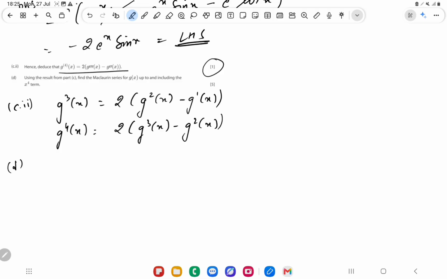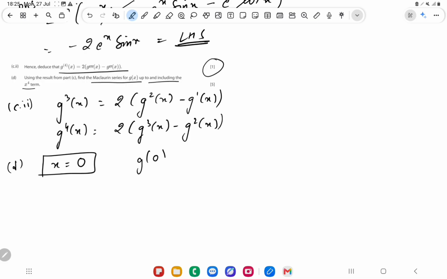Now in the D part it says using the result from part C, find the Maclaurin series of g x up to and including the x to the power 4 terms. Now since we are talking about Maclaurin series, this part comes into picture where I have to substitute x equals 0 in all the derivatives.